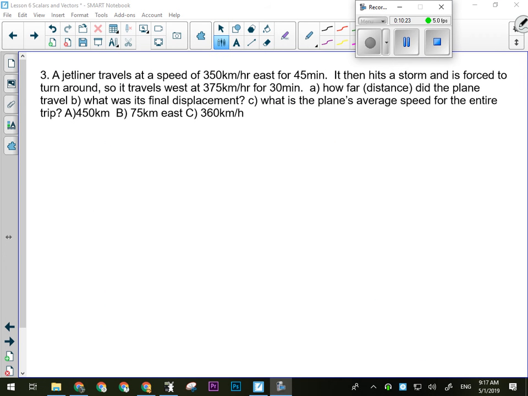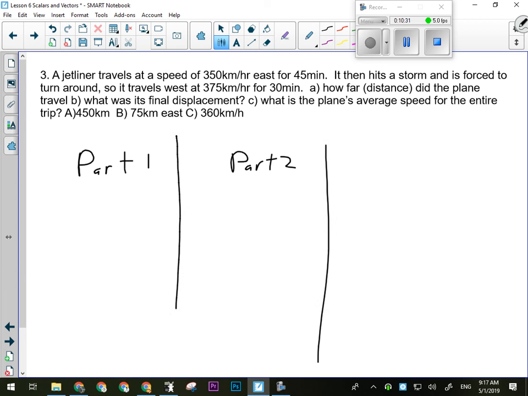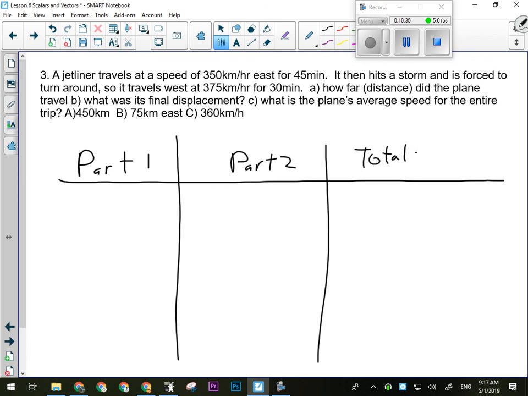Okay, so for number 3 here, we want to separate it into the 2 parts, as well as our totals. Okay, so in part 1, they're traveling at a speed, actually it should say velocity, of 350 kilometers per hour east for 45 minutes.